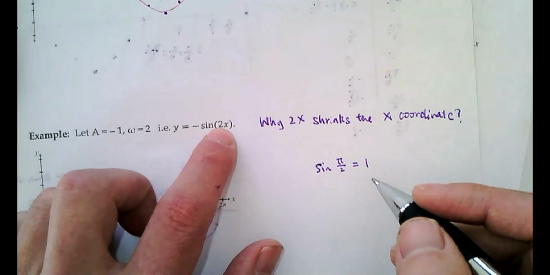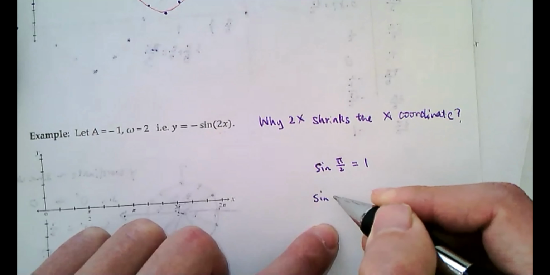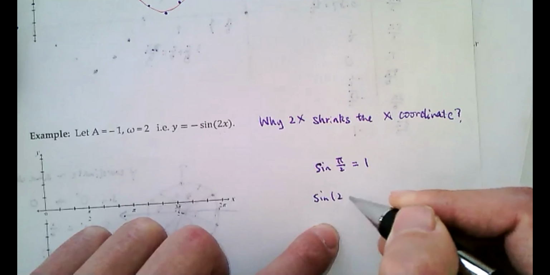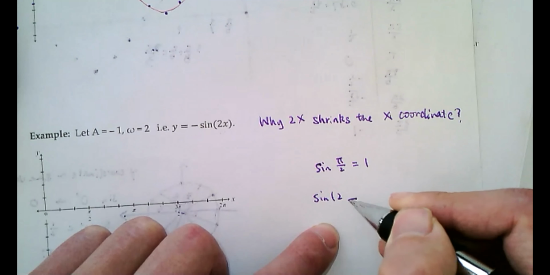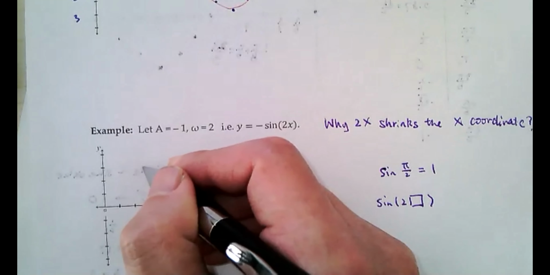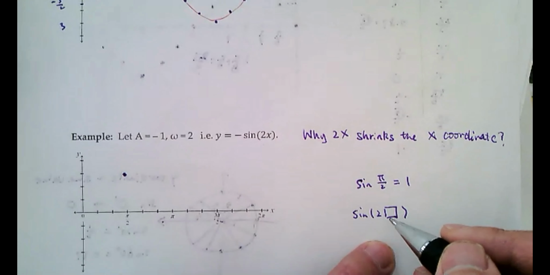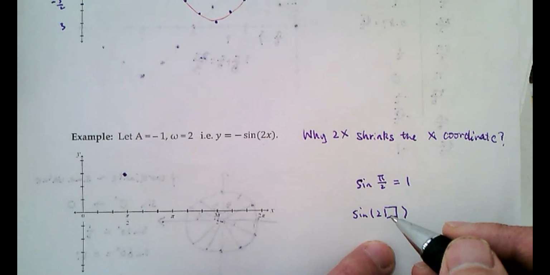However, we have 2 times x here. Two times x. Let's use a box to represent x, okay? In order to make this value 1 for the same y coordinate, originally it takes this point. For the same y coordinate, what do we need to put here?